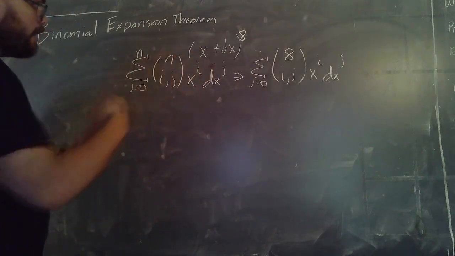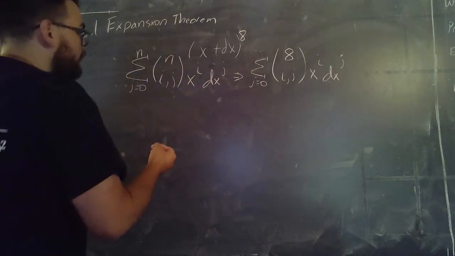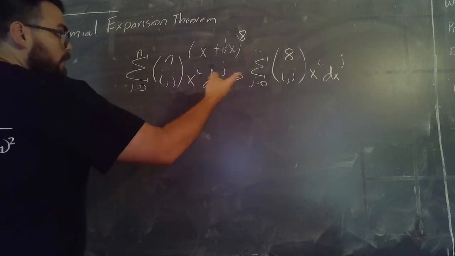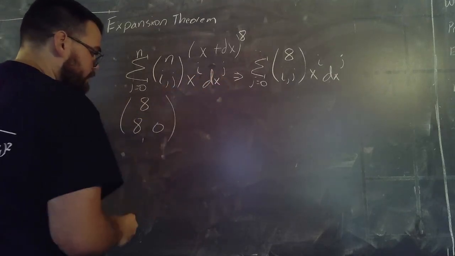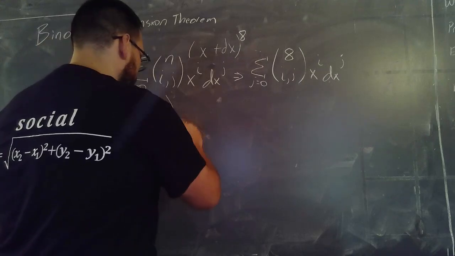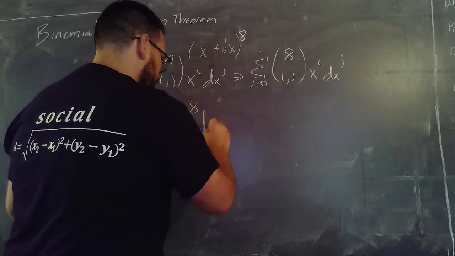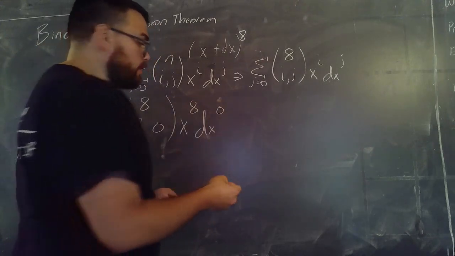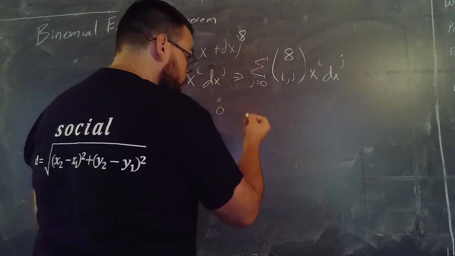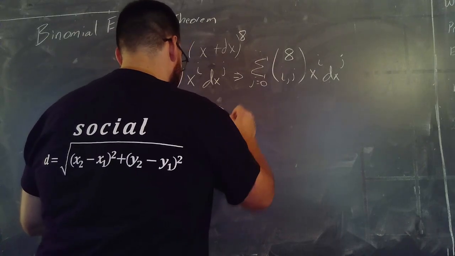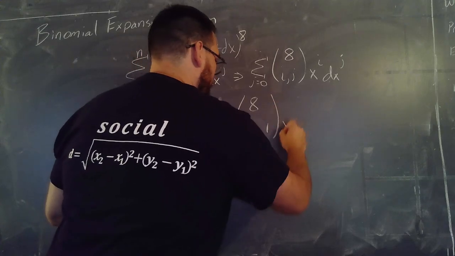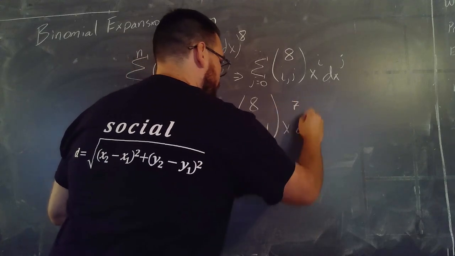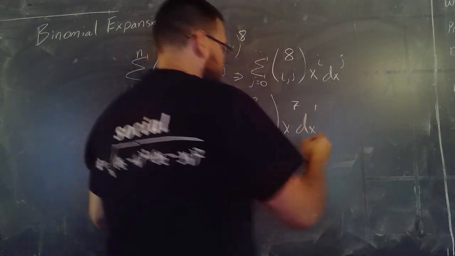You can see I haven't erased a whole lot from our initial. So this first one is 8. This is going to be a 0, so that's going to be 8.